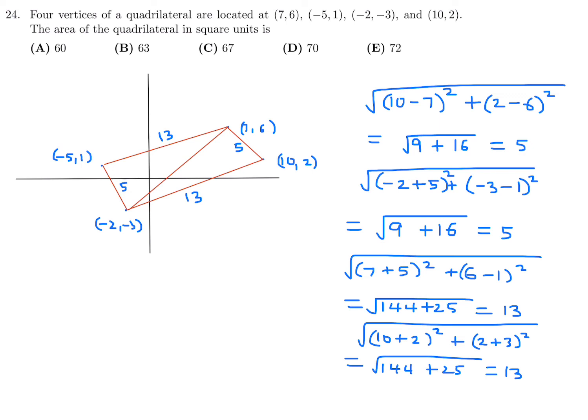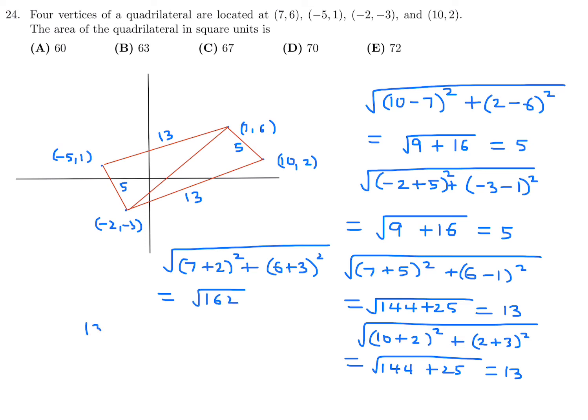Well, first I have to figure out what the length of the diagonal is. That diagonal would be 7 plus 2 squared is equal to 6 plus 3 squared. Sorry, not plus, it's equals. And this is 81 plus 81, so root 162.